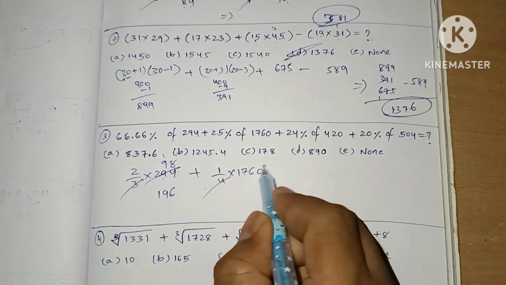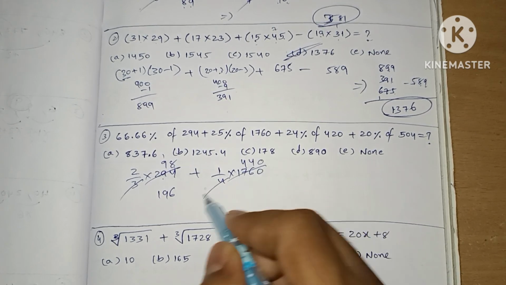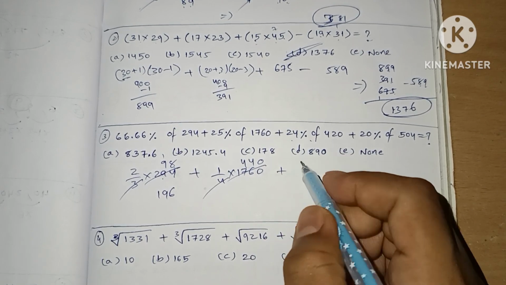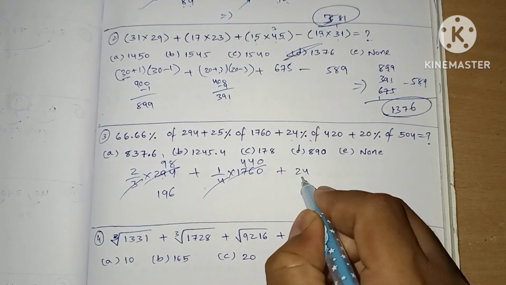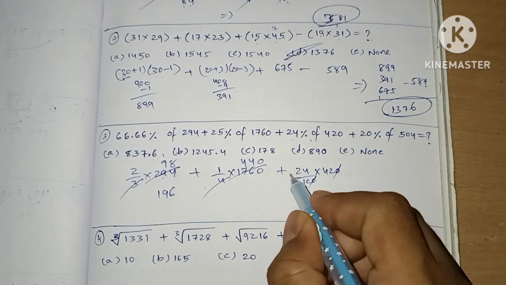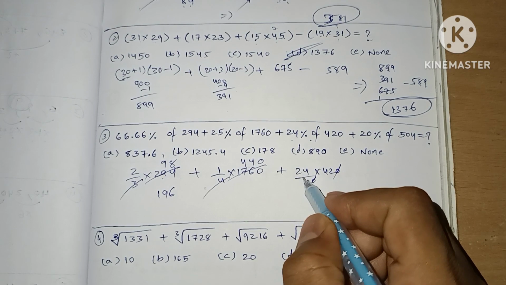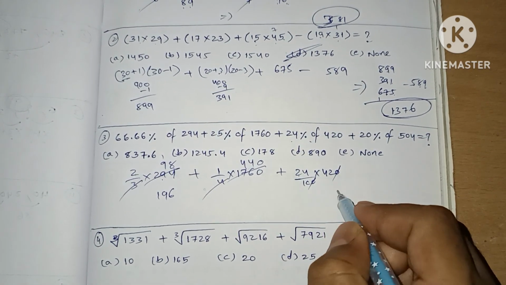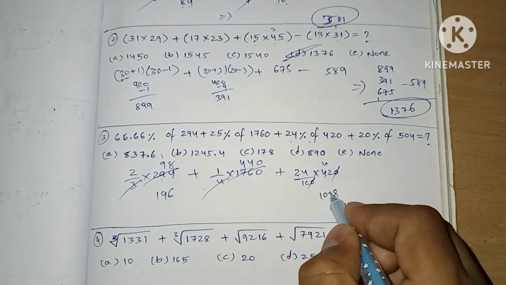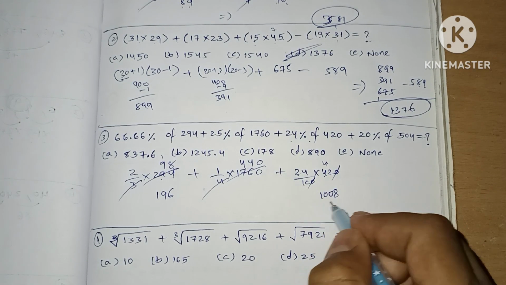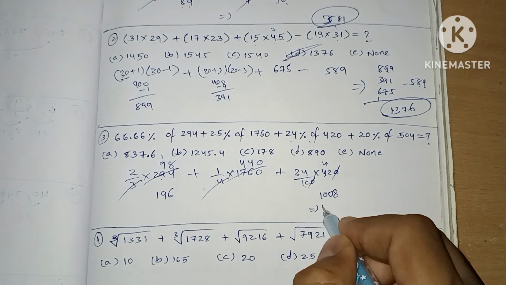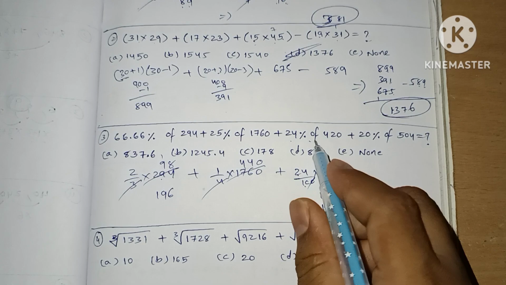This is 440 here, plus 24% of 420, which means 24 divided by 100 into 420, 0 0 cancel. 24 2 times is 48, 24 4 times is 96 and 108. So we get 1008 divided by 10 means we get 100.8 from this one.